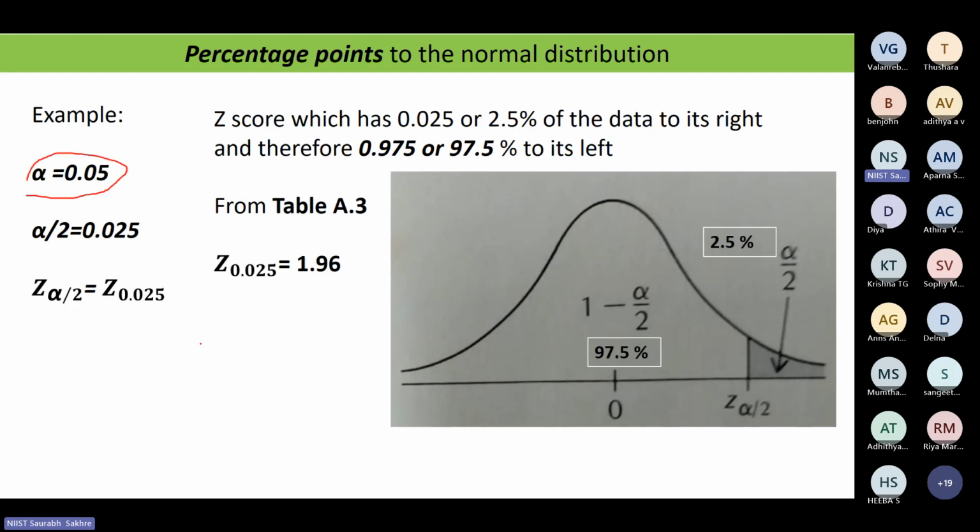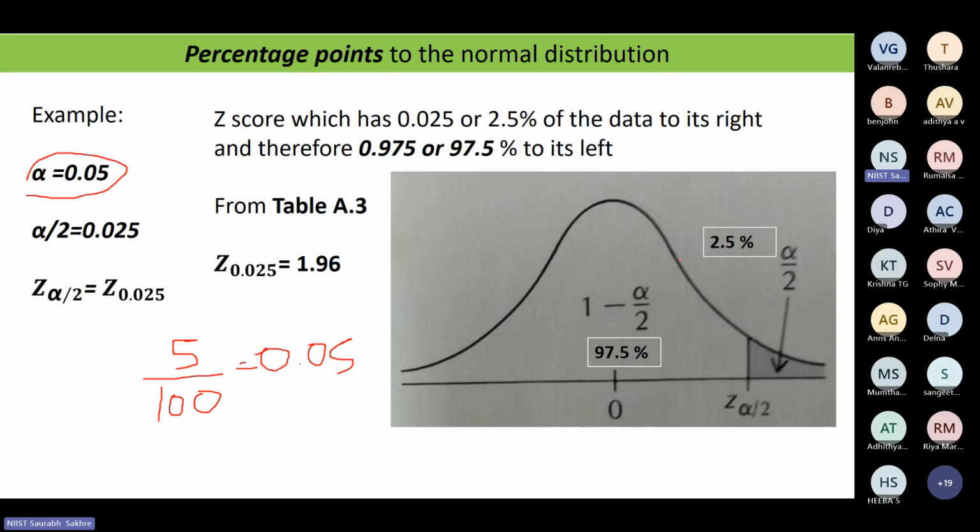Okay, so if it is 5, I will divide 5 by 100, so it will be 0.05, right? So this is my alpha. What I'm trying to do is leave 5% this side and I want to be 95% sure of something. So alpha is my 0.05.